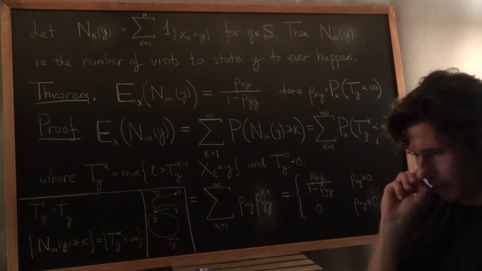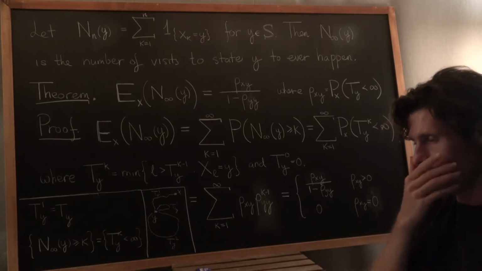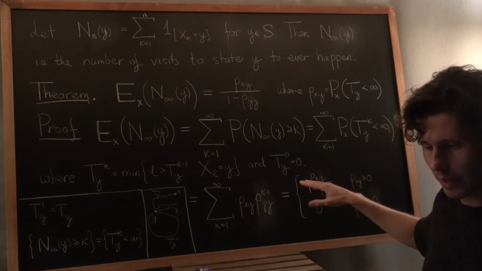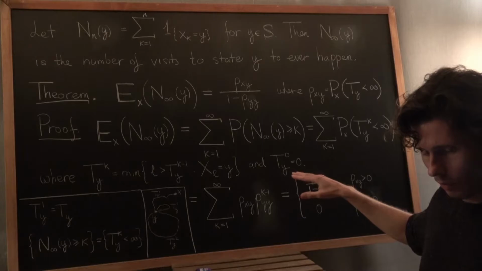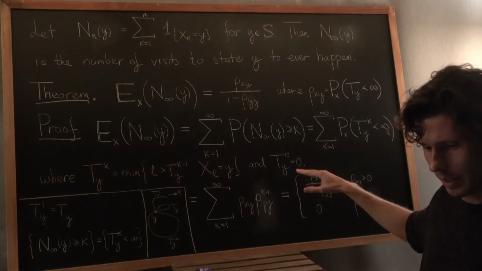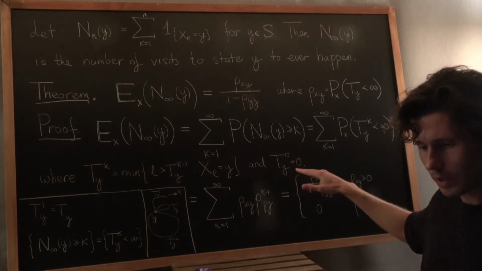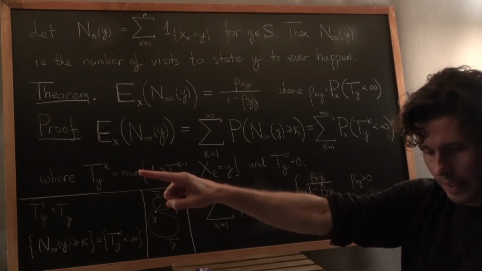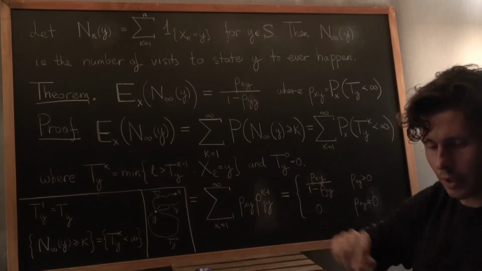So what I'm doing here is generalizing the notion of a hitting time, and I'm doing it in a recursive fashion. Let's start off with T_y^0 being set to 0, so not even random. What is T_y^1 then? T_y^1 matches our definition of a hitting time.